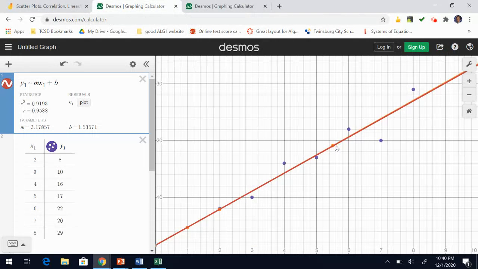So what I can do is just trace this line until that y value hits 25. Is it 25.5? What was it? Just 25. So we're going to trace until the y value is 25. I can't really stop perfectly on it, so let's just go with 7.39.